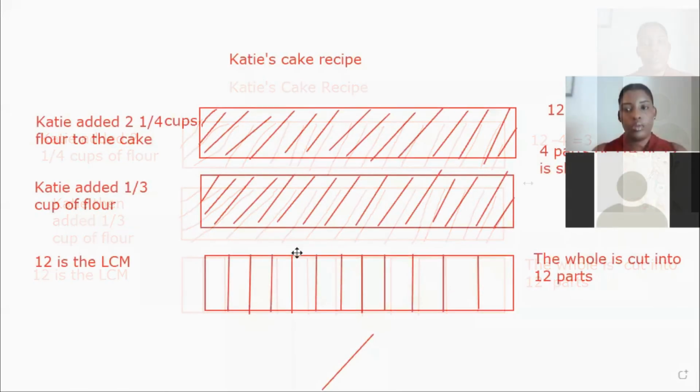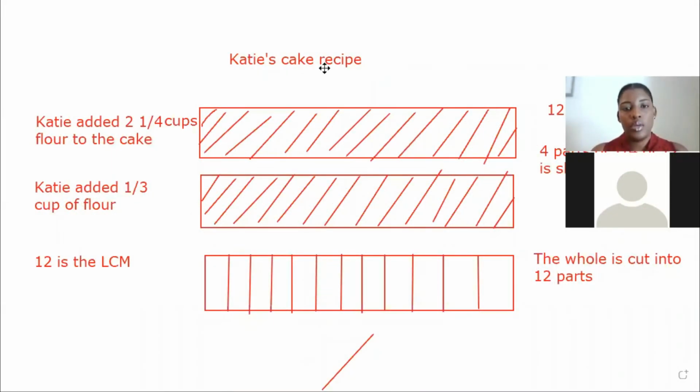All right, so let me continue to shade now while they're copying down the diagram. So we're shading 3 parts, and that's 1/4 or a quarter of 12.